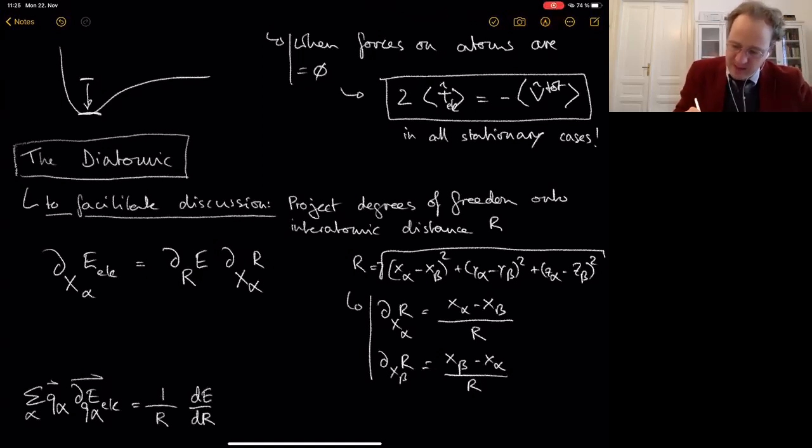And this 1 over r comes from these guys. And now in terms of Q, you still have the numerator.